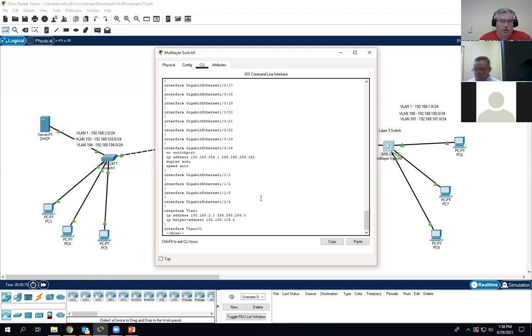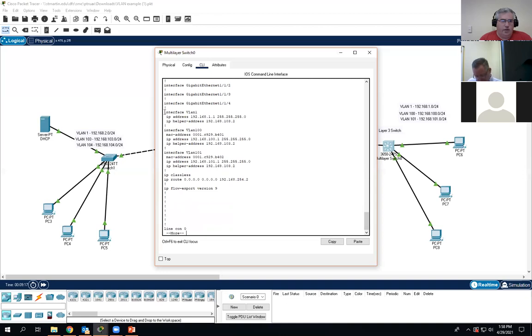But in here, where it says interface VLAN 1 and interface VLAN 100, interface VLAN 101, this is the routing part of it. So we have the IP addresses set up on all these individual VLANs, and so that way your VLANs then have an IP address associated with it, and the switch will automatically route between them all.